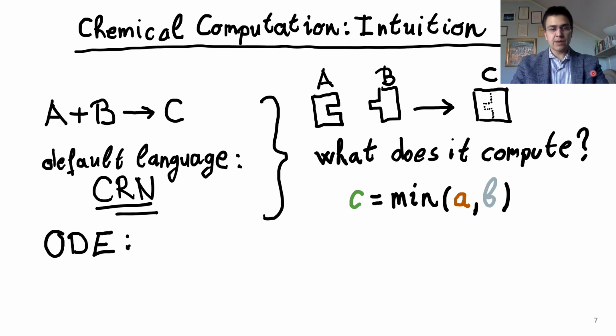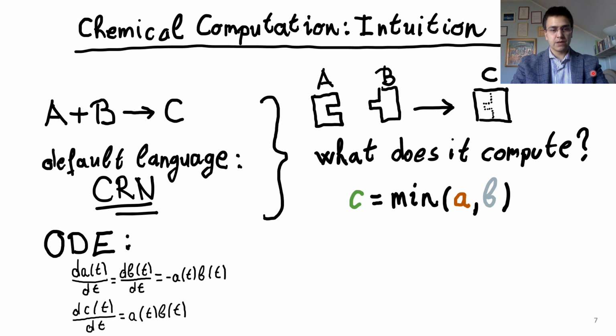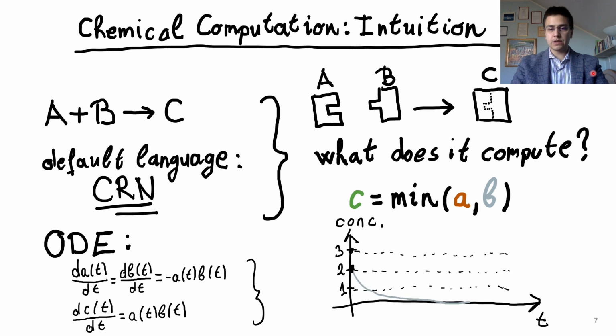You can also describe behavior of CRNs with a set of differential equations, where this is a set of equations for the above CRN. And now what you can do is you can numerically solve it and simulate to see how it changes over time. So we see concentrations of different molecules over time, where we here initialize values of A and B to 3 and 2 respectively.